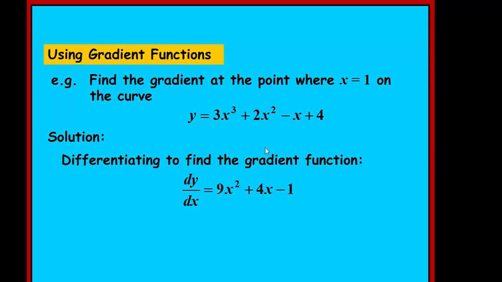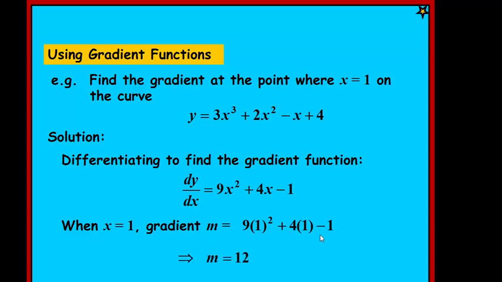Minus 1. We now put our x value of 1 in to give us our m value for the gradient of the tangent, and we get m equals 12. So the gradient of the tangent at that point is 12.